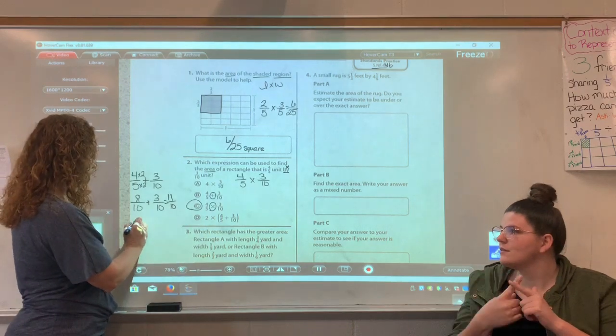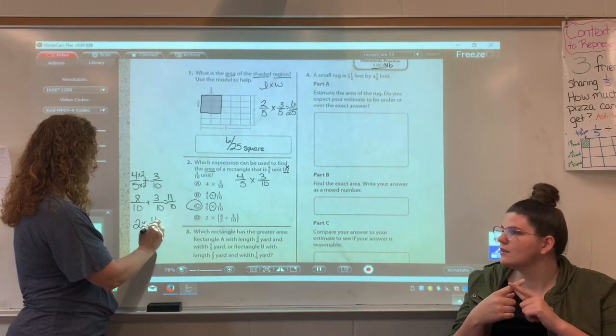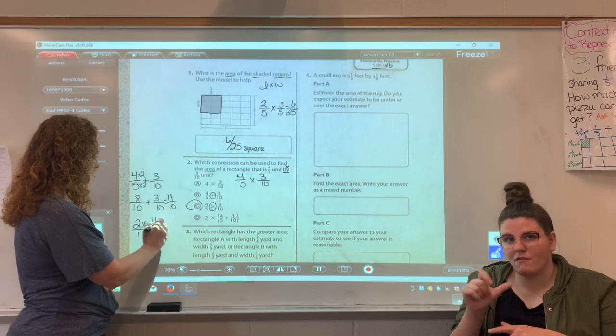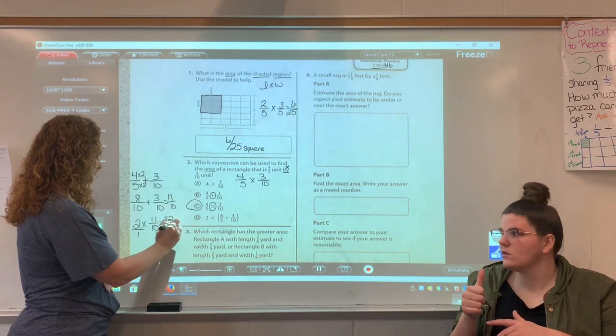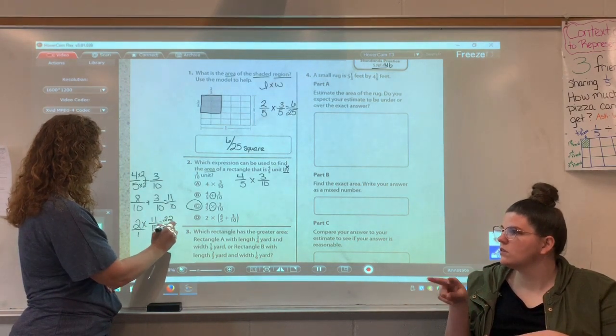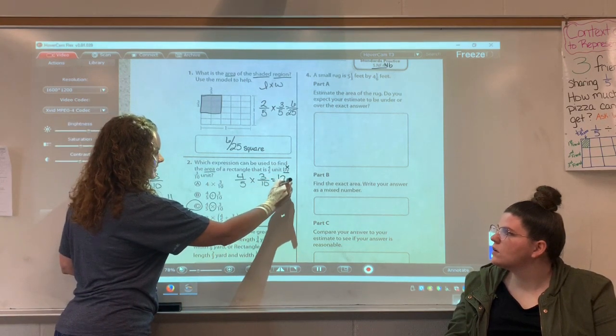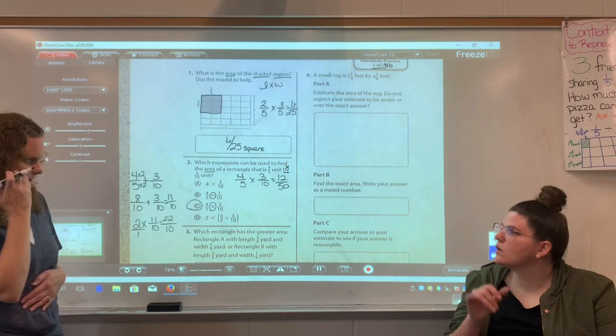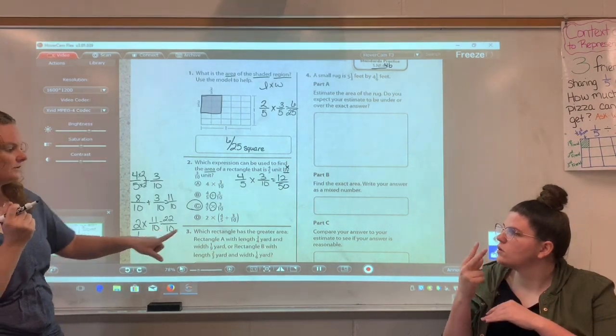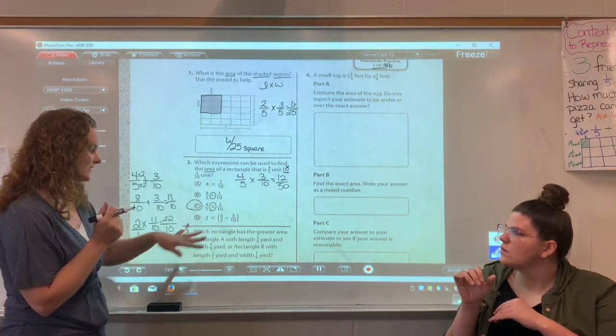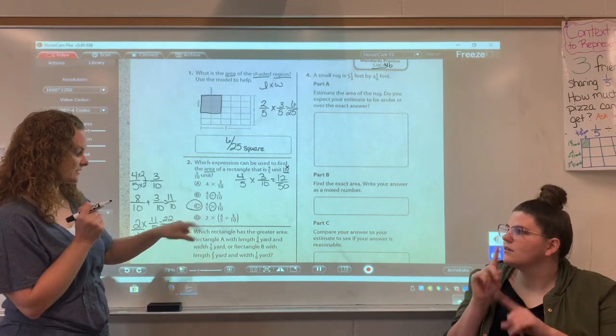Then you would take 2 times 11 tenths and have 22 tenths. This one up here equals 12/50ths. This one's over a whole. That one's not over a whole, so that's not going to be it. This one is our only expression that's the same.